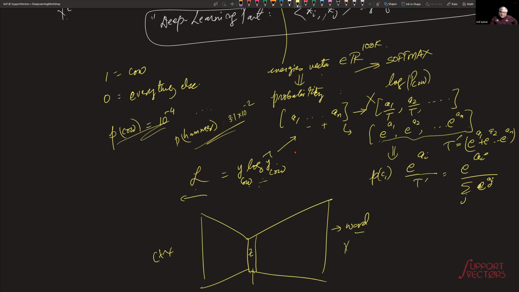And here is a Z. Once it is trained, whatever the hidden vector z is for cow, when inflated back into the 100K dimensional space using the W prime matrix and going through the basic softmax machinery, it will start pointing to X cow.